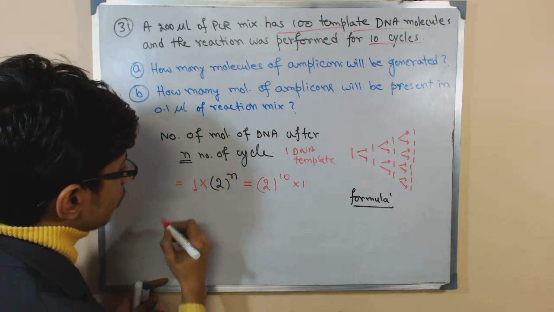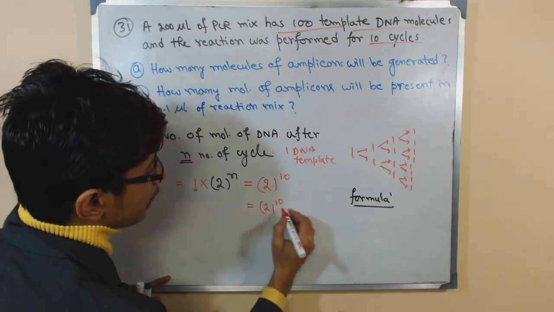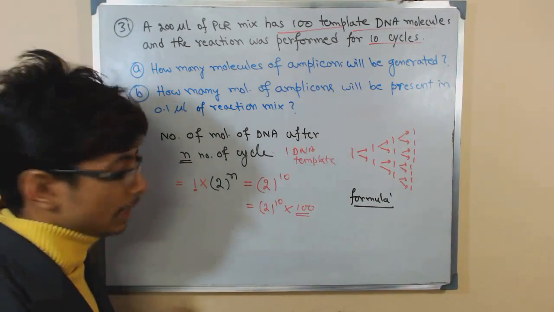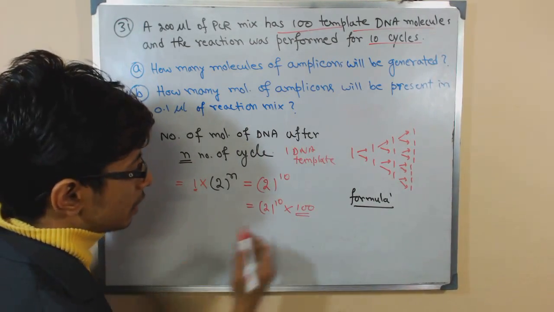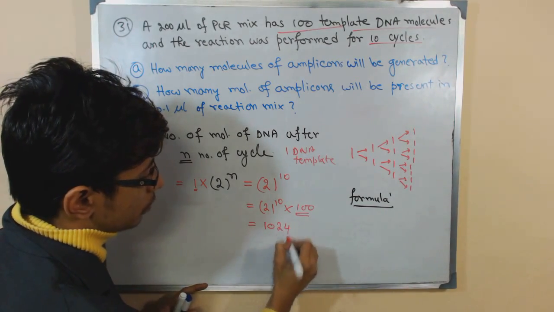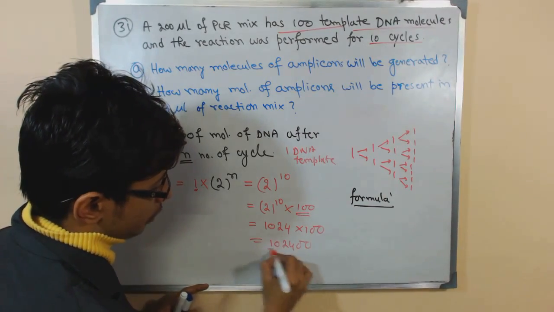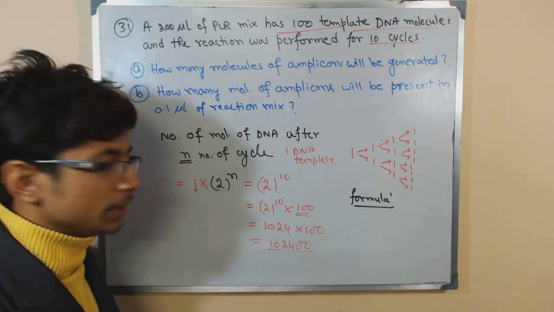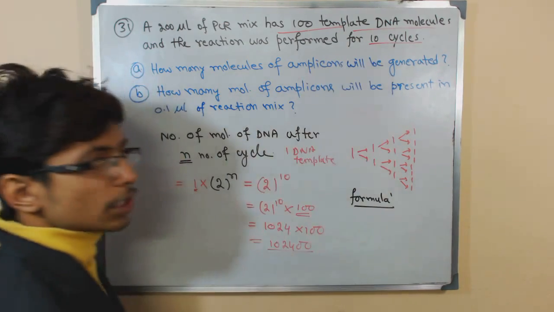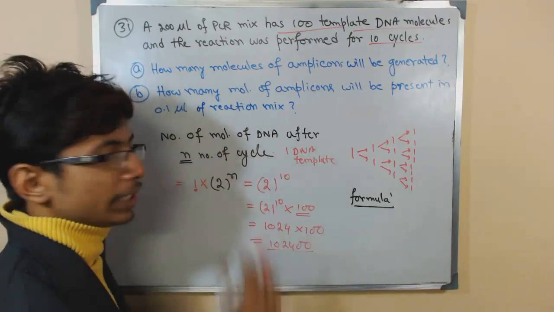So we put 2 to the power 10, but instead of 1 we multiply by 100, because that is the starting concentration. 2 to the power 10 means 1024, multiplied by 100, so 102400. That is the number of DNA molecules generated after 10 cycles of PCR, starting with 100 DNA templates.